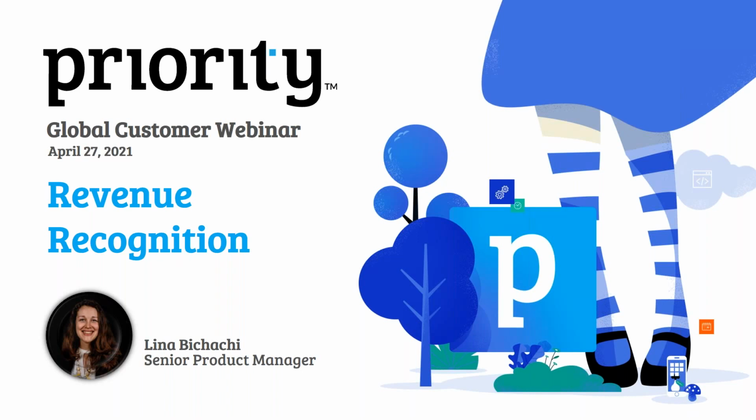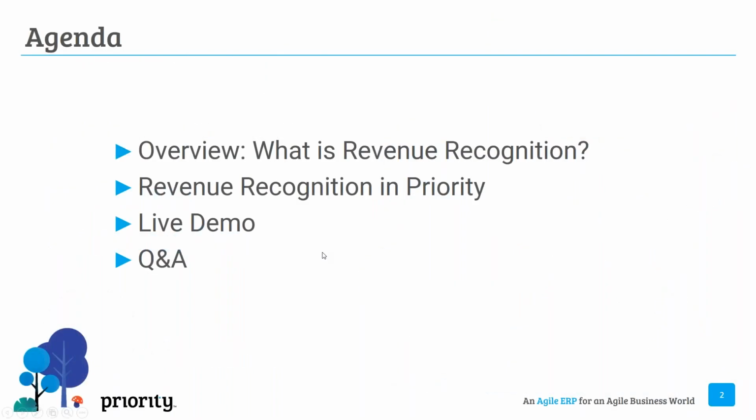And I'm really happy to have you here today for our Global Customers webinar on one of our most exciting features of recent time, the Revenue Recognition module. Today, we're going to have a short overview of what is revenue recognition. I'm sure all of you that have this particular need in your business already know the answer to that.